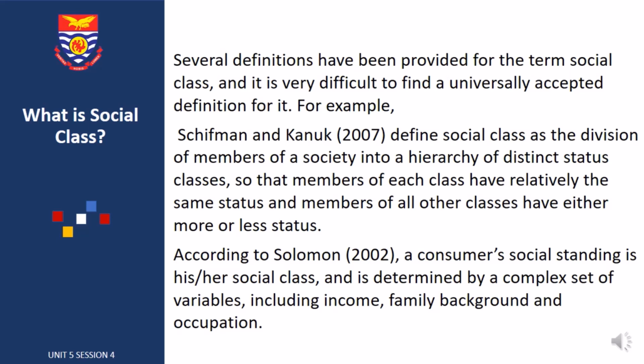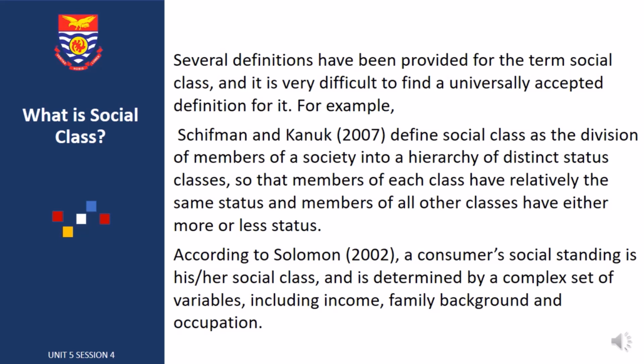And according to Solomon, a consumer's social standing is his or her social class, and is determined by a complex set of variables including income, family background, and occupation. So, if somebody is coming from a rich family, we classify the person as somebody who has money, a rich person.